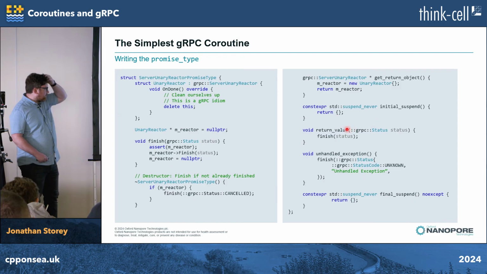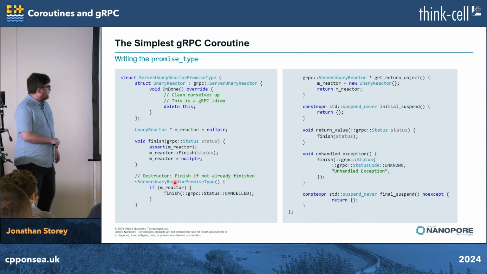When we hit co_return status, this return value function that takes an argument of status is called, and we just finish with the status. If there's an unhandled exception, we're going to finish with a status saying there's been a problem. And when we reach the final suspend point, we're not going to suspend either. We're just going to keep running off the end.